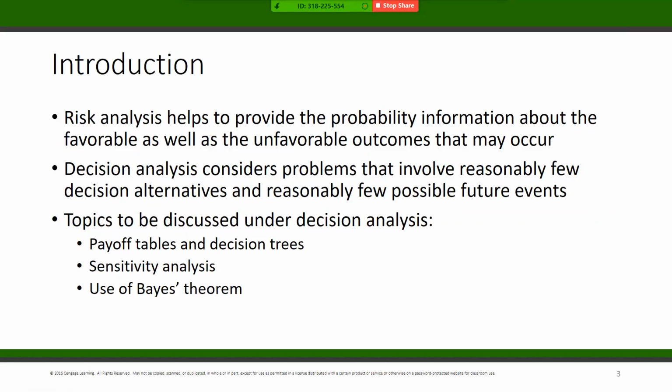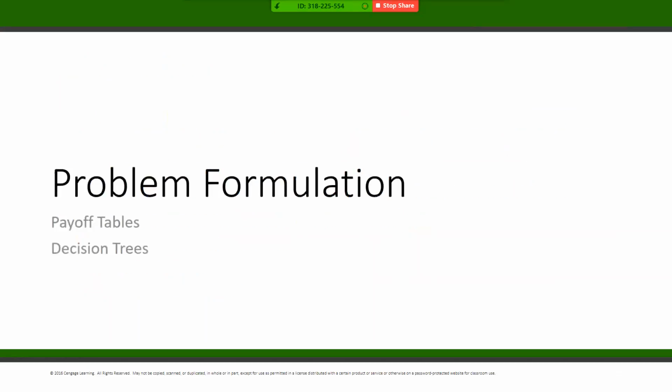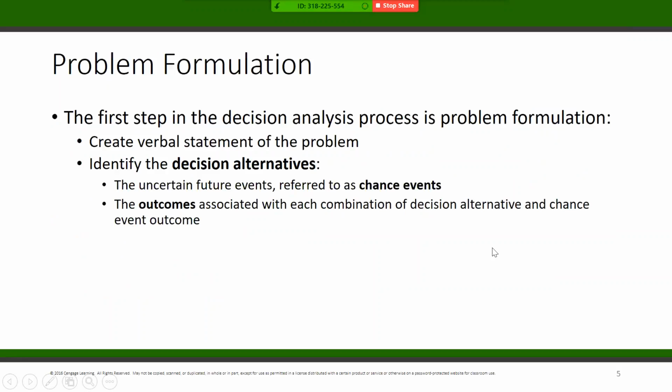Now, the topics to be discussed under decision analysis are payoff tables and decision trees, sensitivity analysis, and use of Bayes' theorem. The first one that we're going to look at is problem formulation with payoff tables and decision trees. So the first step in the decision analysis process is problem formulation.